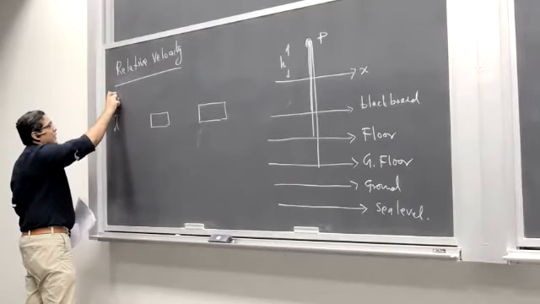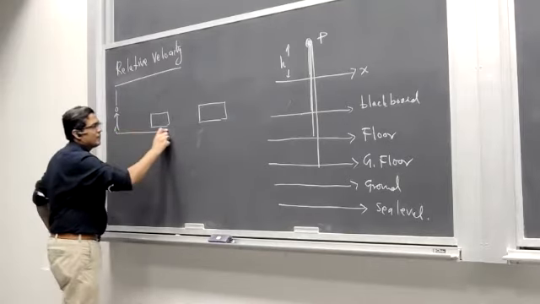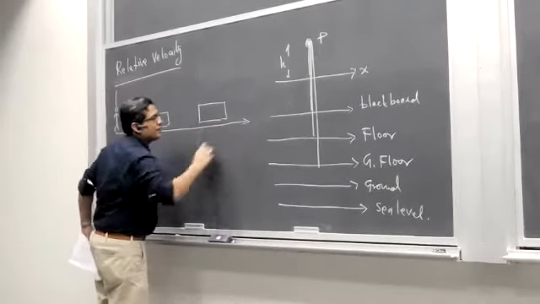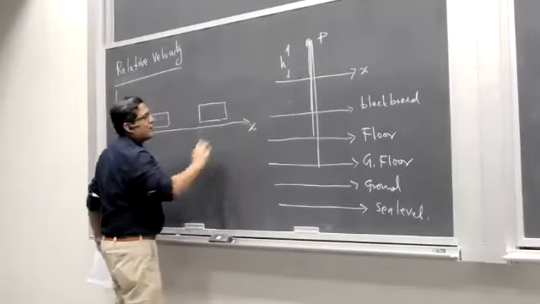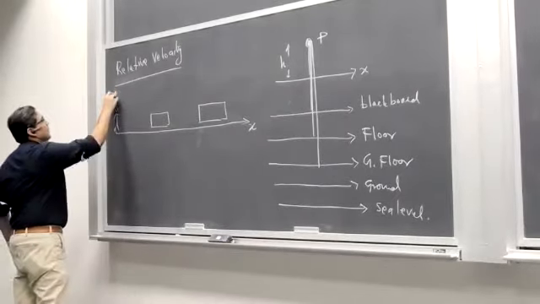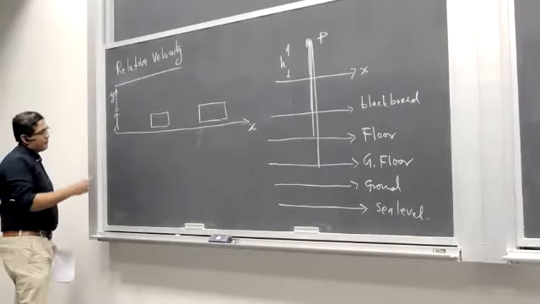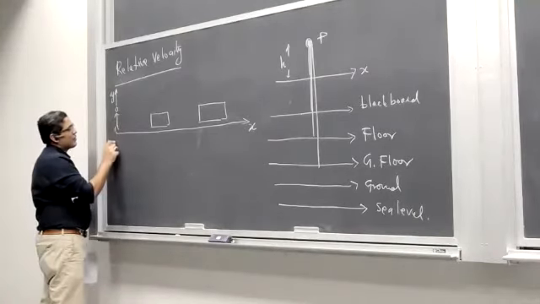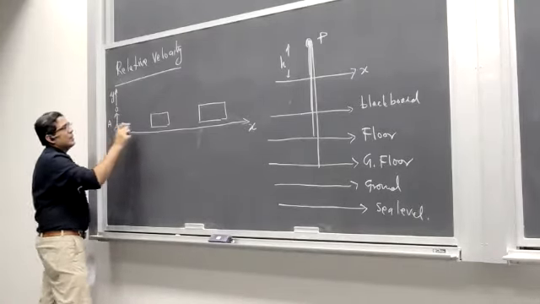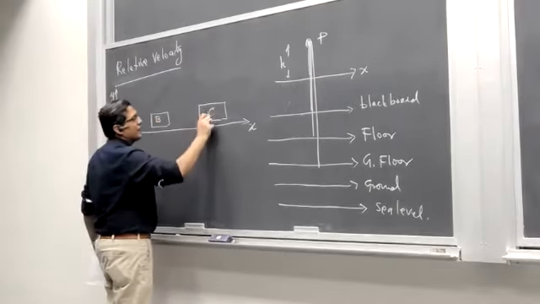And now we set up a coordinate system right where the observer is. All right. So this is our x-axis, and this is our y-axis. Now, let's call the observer A, and this the car B and the car C.